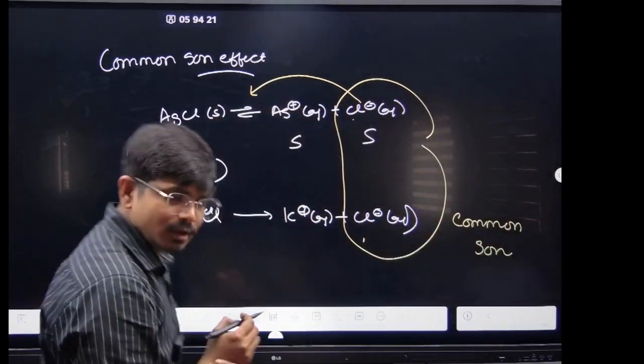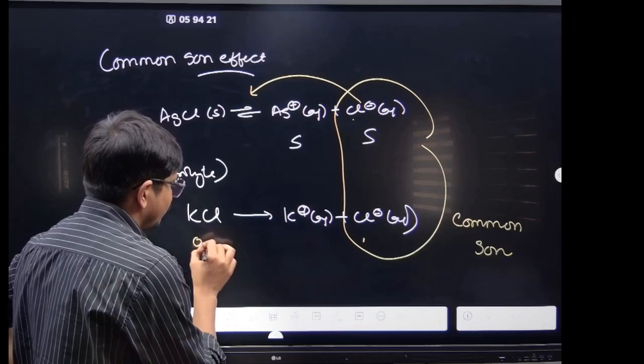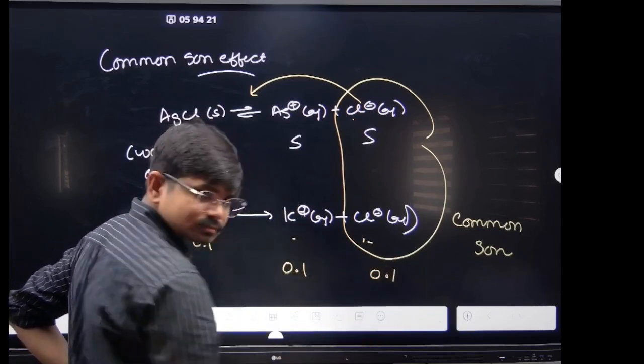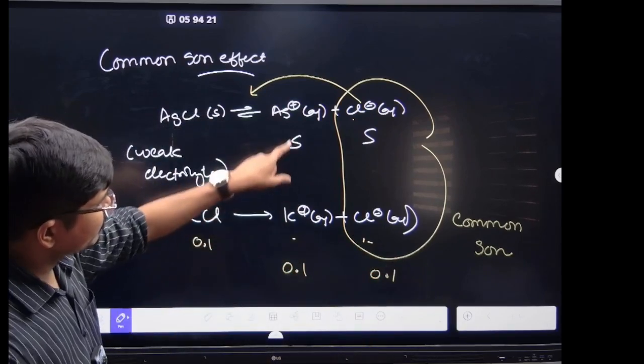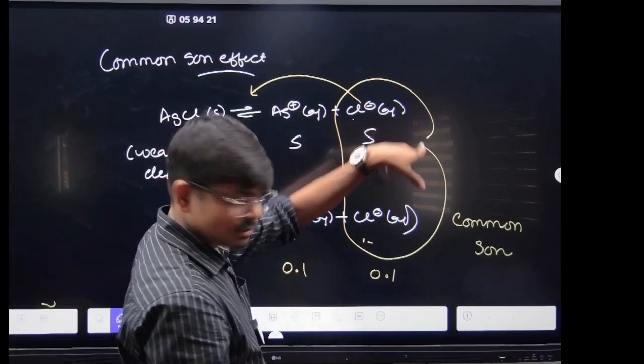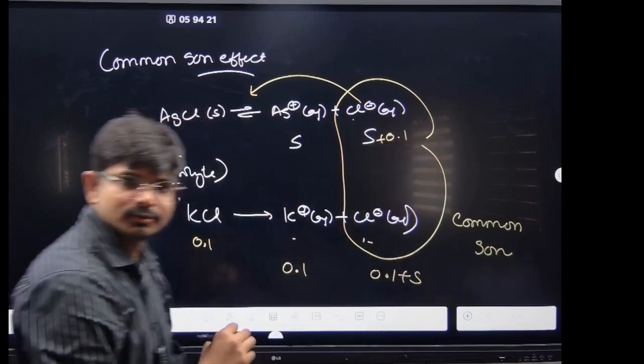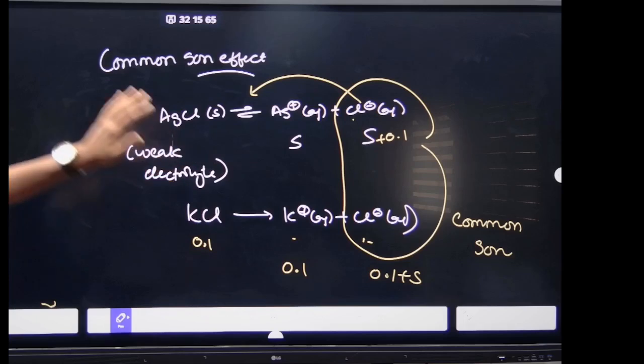So let's suppose the concentration was 0.1. It will be 0.1 and 0.1. But still, you know this is very, very less, right? So I will write 0.1 plus S here.